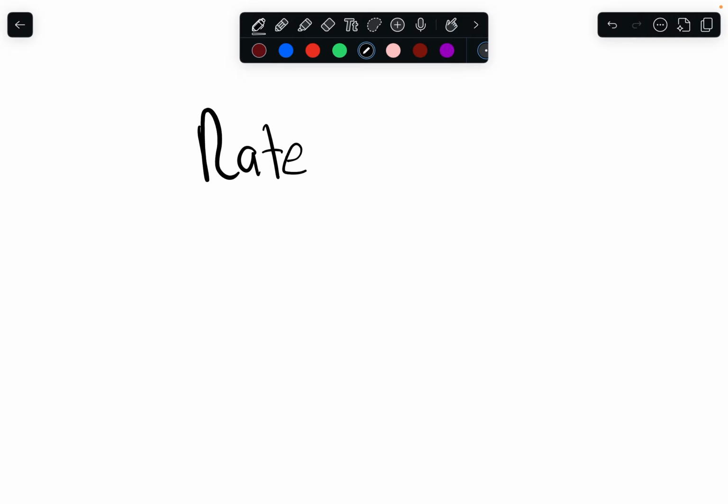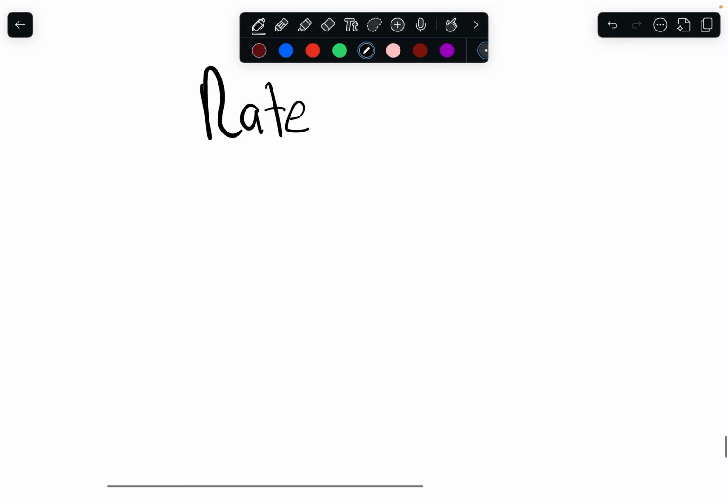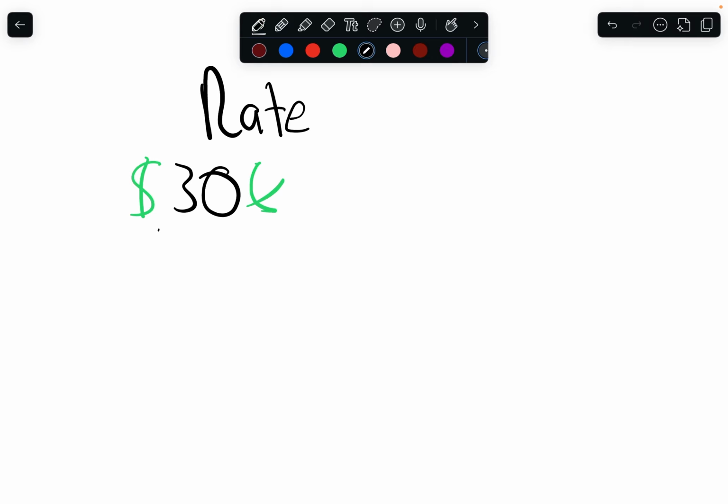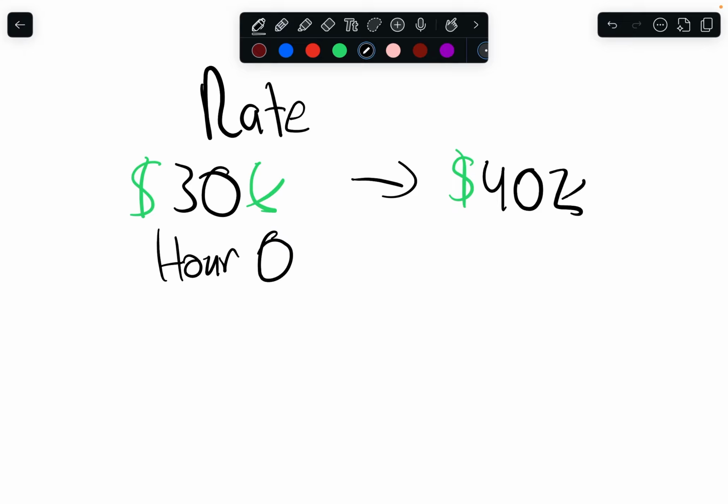You're getting a certain amount of money within an hour. So I know that I started off with $30,000 when I first joined. So this is hour 0. And then I got up to 40K after like 4 hours. So this would be hour 4.